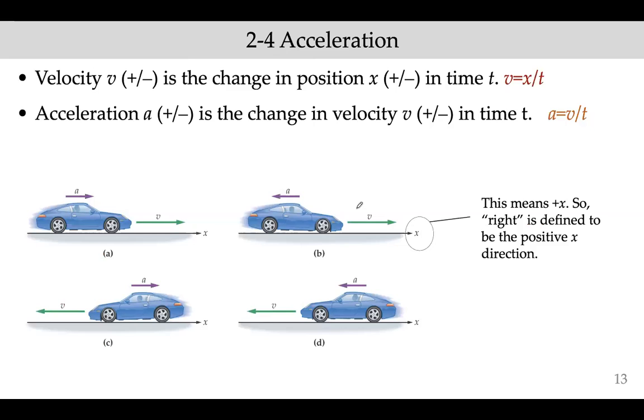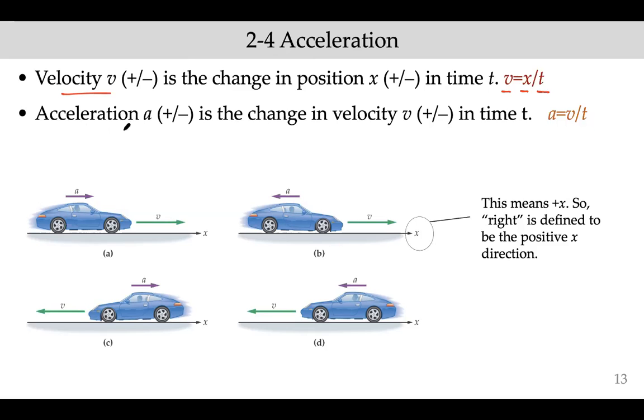Okay, let's move to acceleration. If you remember from the earlier slides, we defined velocity, which could be positive or negative, as the change in position. So the formula is velocity is change in position divided by time, so it's the change of position with respect to time.